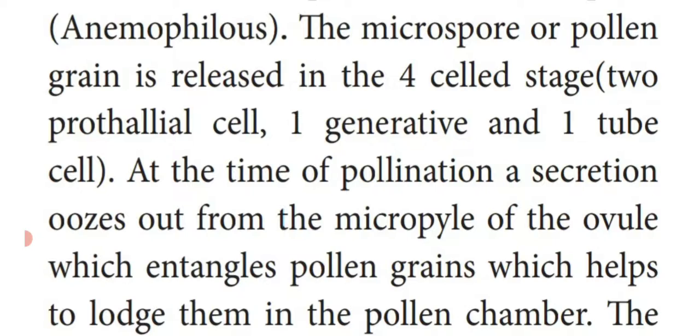Dear students, this is another important 1-mark question. In the previous life cycle, that is Cycas, the pollen grains are at 3-celled stage: 1 vegetative cell, 1 generative cell, and 1 tube cell. But here the vegetative cells are 2 in number, that is prothallial cells, 1 generative cell, and 1 tube cell. So it is a 4-celled condition.